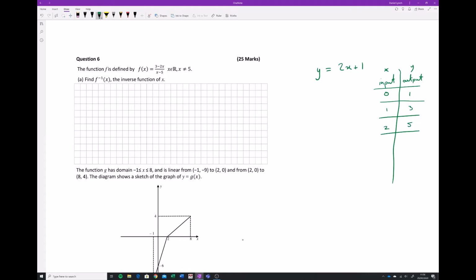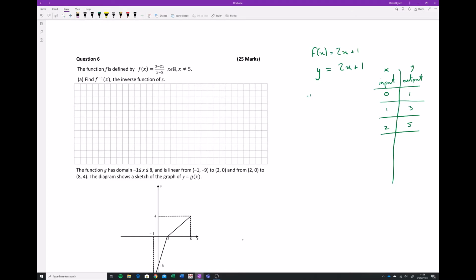Okay, the inverse function. If this is f of x equals 2x plus 1, there will be two ways to write down the inverse function. Just as notation, it would be f inverse of x, written like that, or the inverse function of y, sometimes written like that.